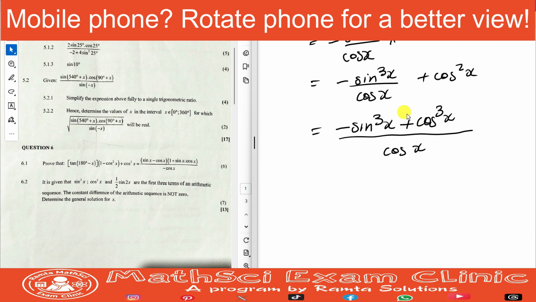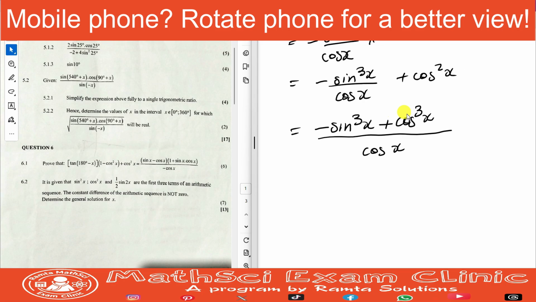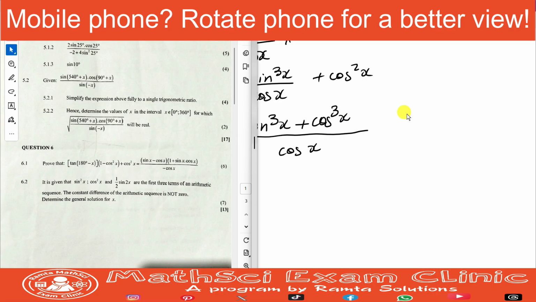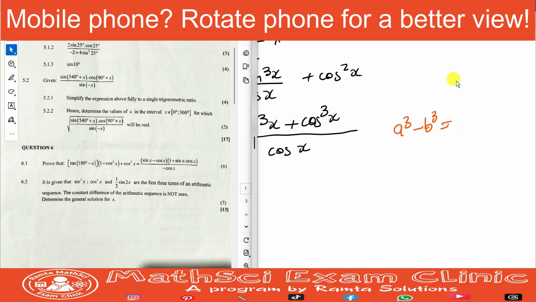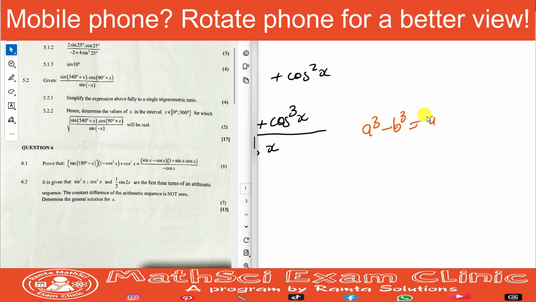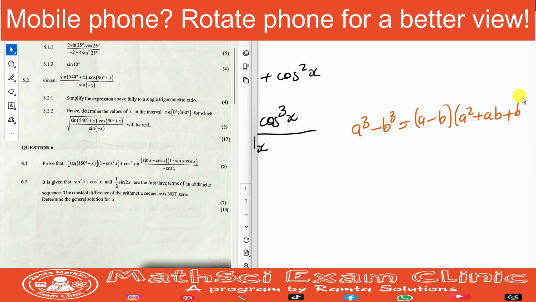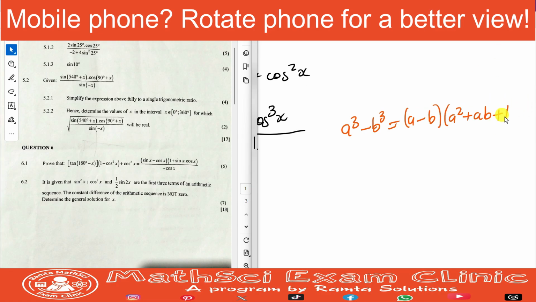So this says to us we have a difference of 2 cubes. All right. So having a difference of 2 cubes, let's play with it. We can say a cubed minus b cubed is the same as saying (a minus b)(a squared plus ab plus b squared).